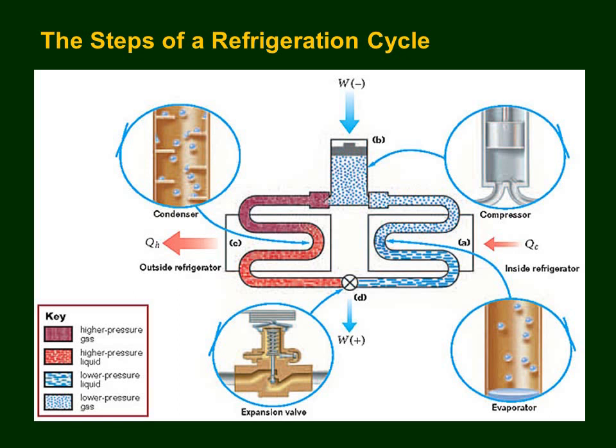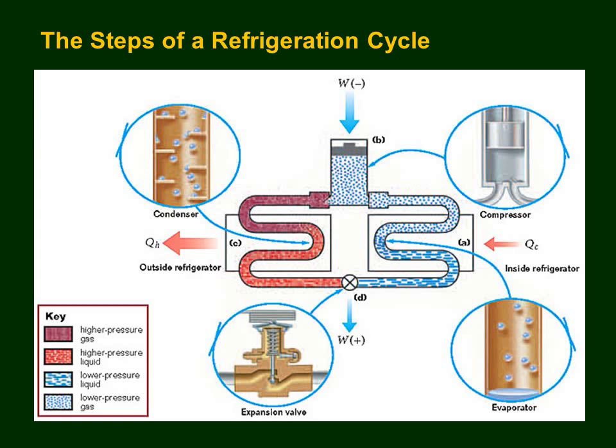Now the gas starts to escape from the expansion valve and starts to expand. Its volume starts to increase. As its volume increases, work is done by the gas and its internal energy decreases, so it becomes cold.